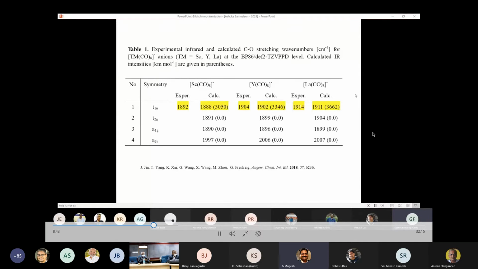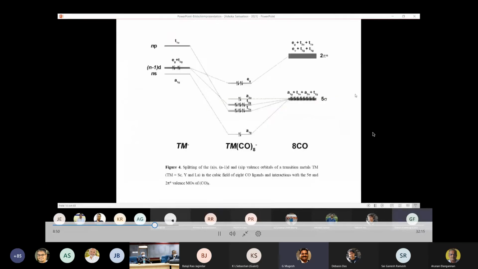He got really the octacarbonyls. Why? Well, here is the MO correlation diagram. Here are the metal anions with the 4 electrons in the d orbitals. Here are the 8 COs, the sigma and the pi, and they split in a cubic field into these orbitals. The s goes to the A1g.